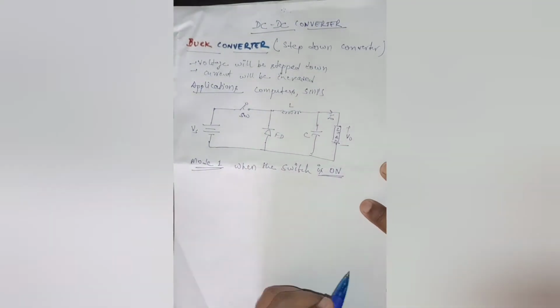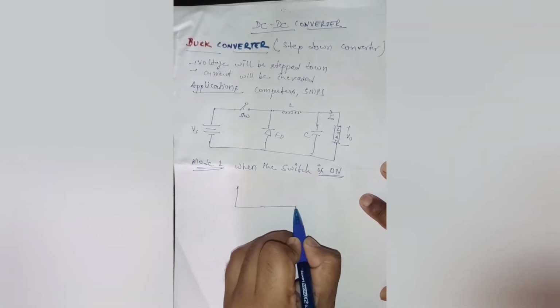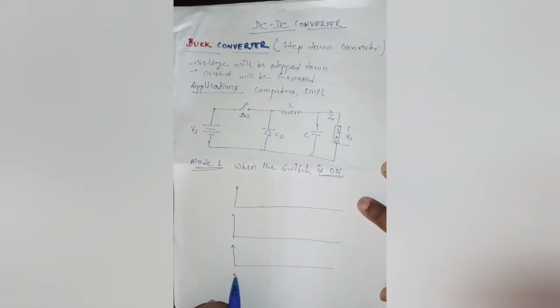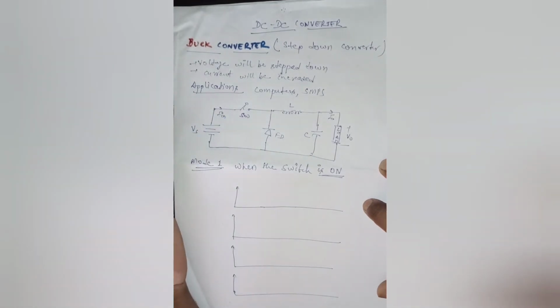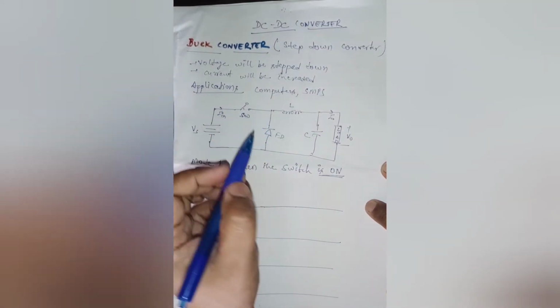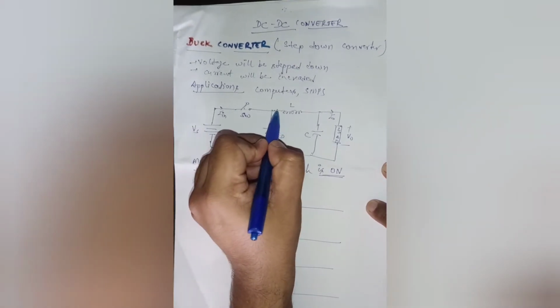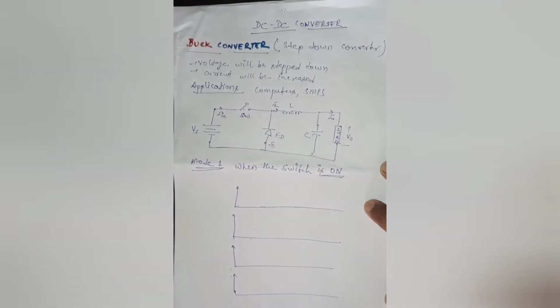Okay, along with that we will also draw its waveforms, so it will be easy to understand what main voltages and currents we require. One is the input current that is coming from the source. Then this will be ID, the current through the diode, and IL, the inductor current, the current which is going through the inductor.